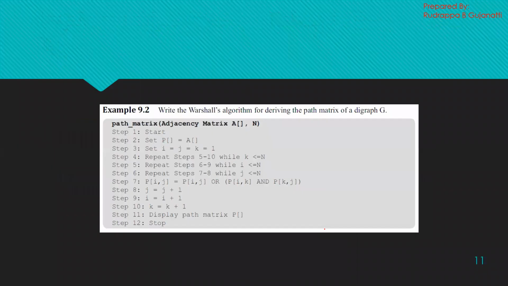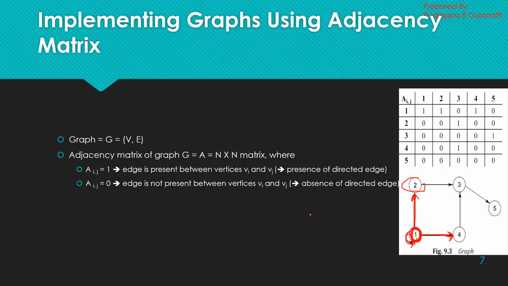Now, if I check for 2, who is the neighbor? Since it is a directed graph, the neighbor associated with 2 is only 3. With 4, with 1, I am not having any directed path. With 5 also, I am not having any directed path.